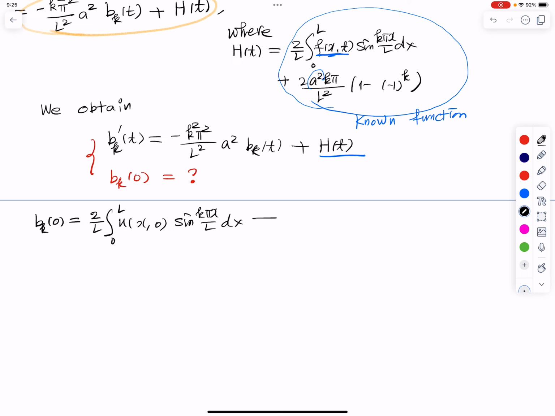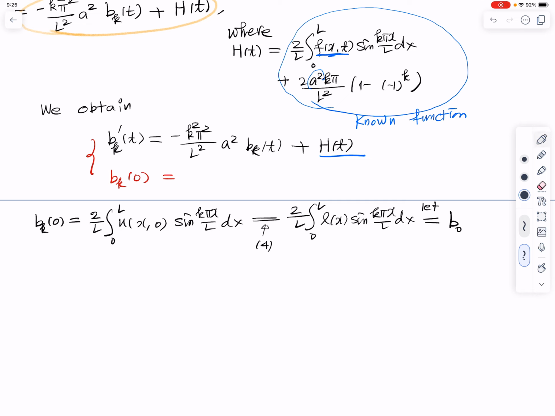Then I use equation 4: this is L(x), 2 divided by L integral 0 to L L(x) sine k pi x divided by L dx. This is given. Let's call this B0. This is step 2.